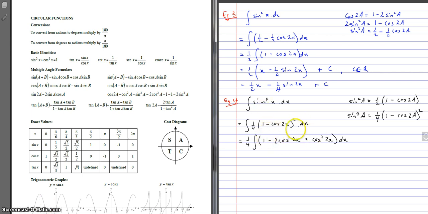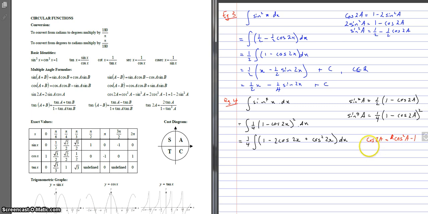Now it doesn't look like we're simplifying things at the moment, does it? But what we've got here, we need to now eliminate this cos squared 2x. So we're going to utilise this formula: cos 2a equals 2 cos squared a minus 1.